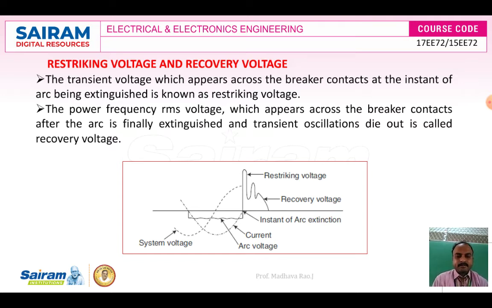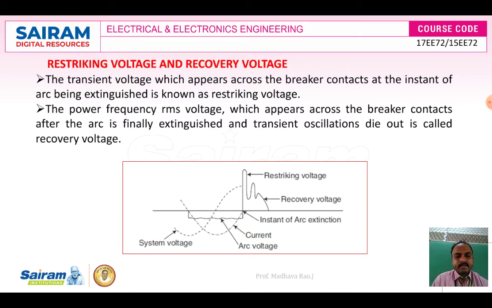The system voltage is the supply voltage, and the arc voltage and current will be in phase with each other. We already discussed arc interruption and arc voltage in the previous video.